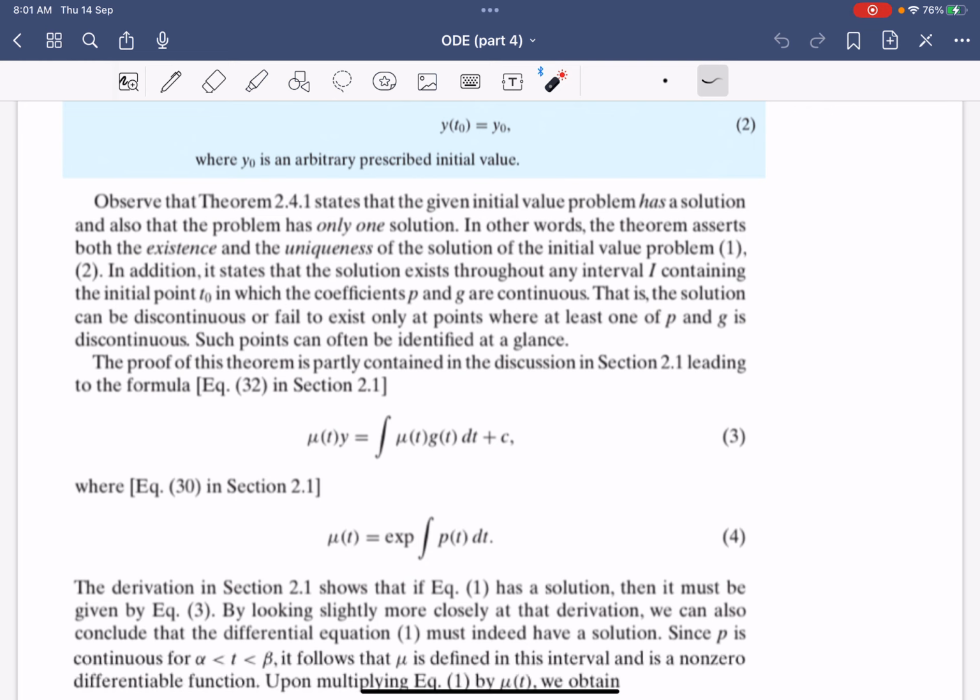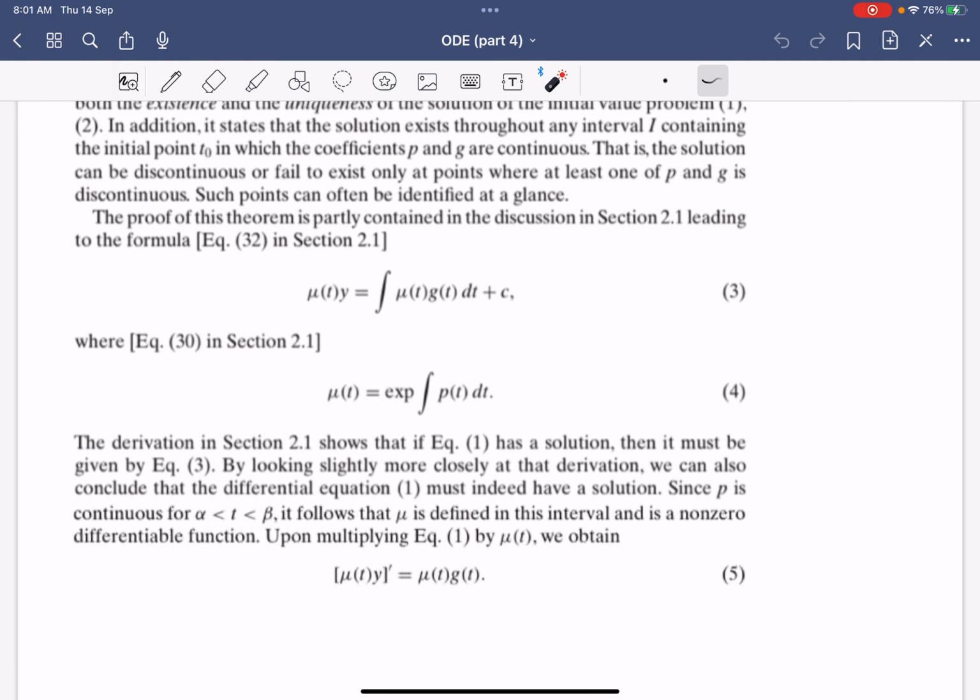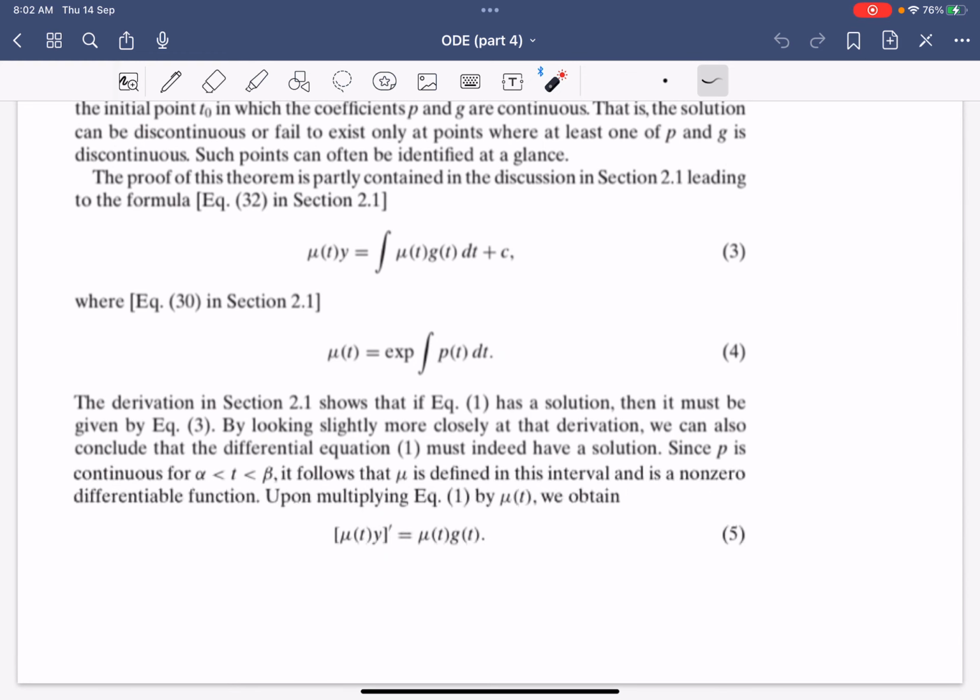And the proof follows from just using the integrating factor. Because if you use the integrating factor, it'll still be a solution. You used it to show that it is a solution. And not only that, it must be the only solution because you didn't change any of the solution space across every equality line.